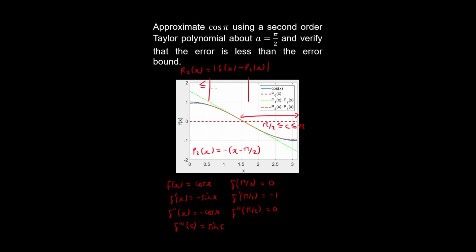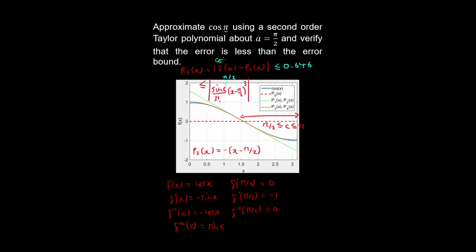So our next term in the polynomial is sine c on 3 factorial by x minus pi on 2 cubed. And that's our error bound. Now to maximize the error bound, we choose c equal to pi on 2, and then substituting for x equals pi, we obtain the following result.